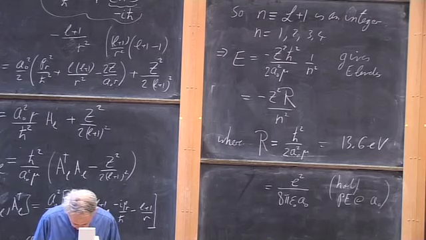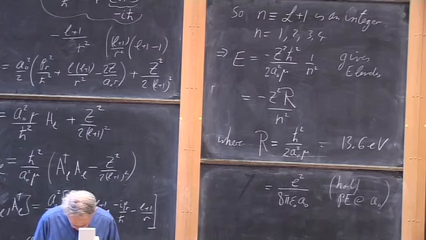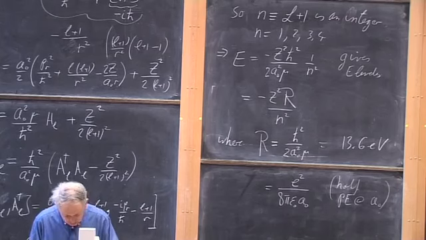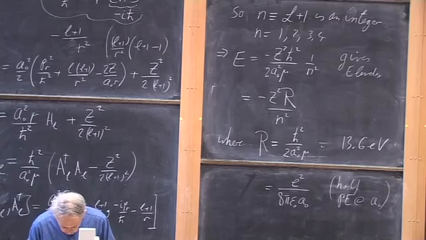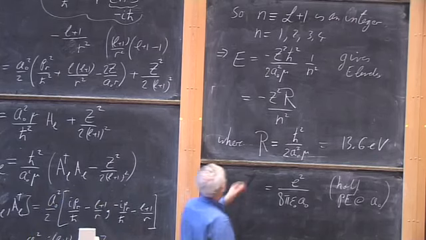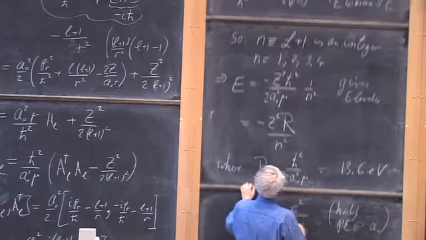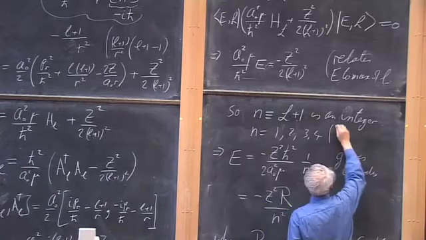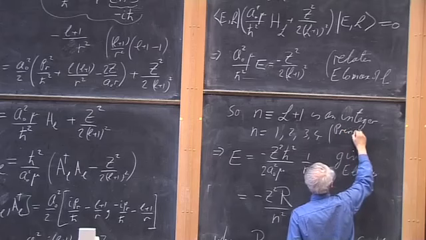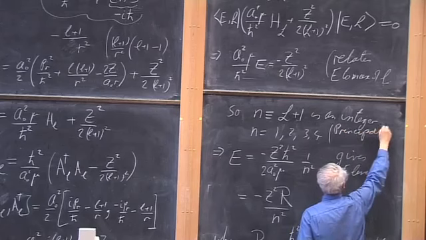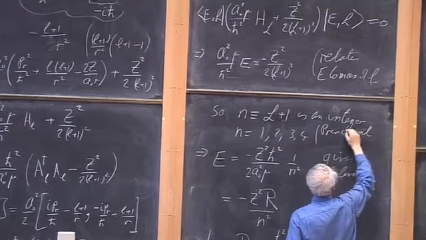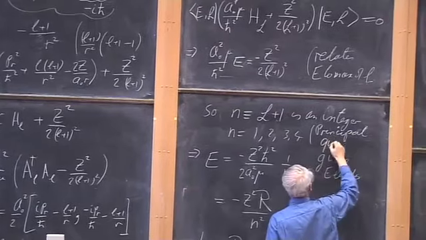So, what do we need to do next? Yeah, jargon. This is called the principal quantum number.